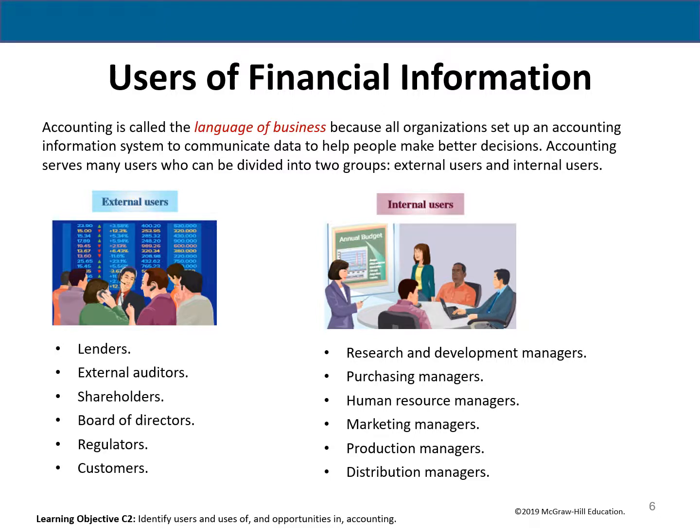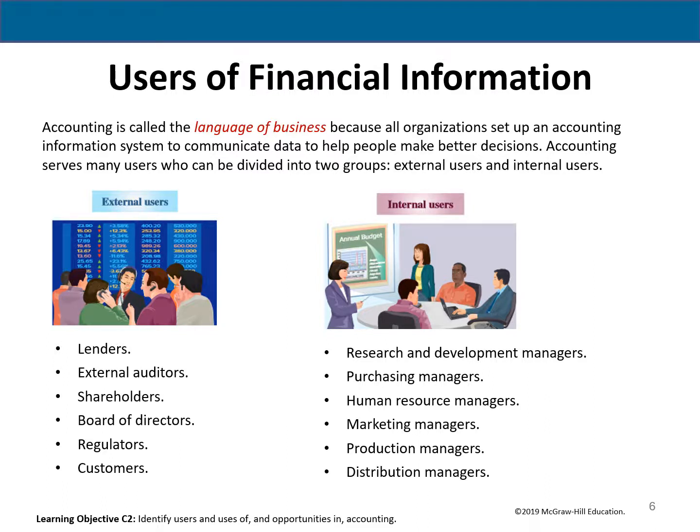Okay, so these people inside are looking at the information that the accounting system provides to help make those types of decisions. Outside the company are many users as well who want to know about the company's financial situation.